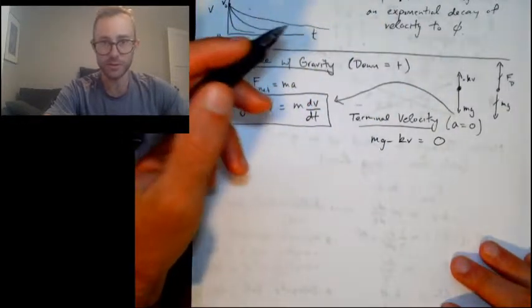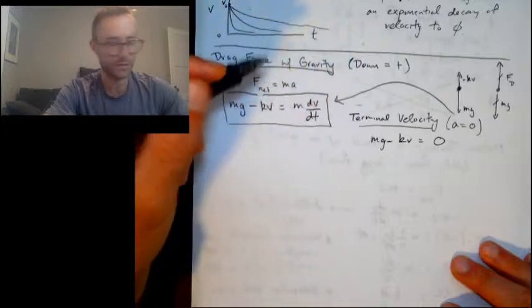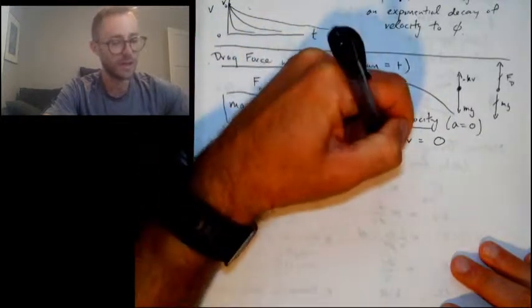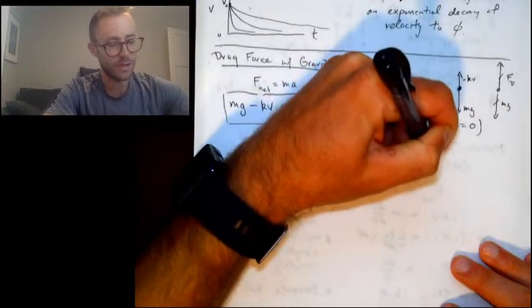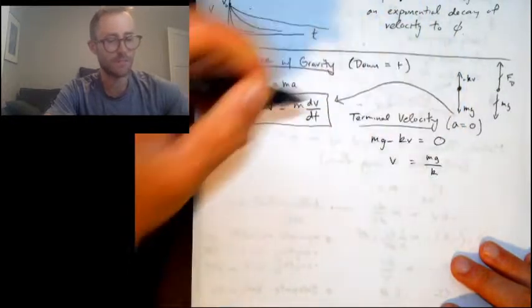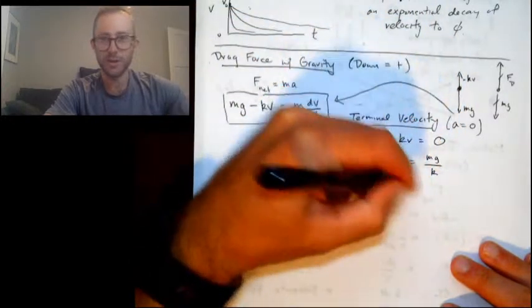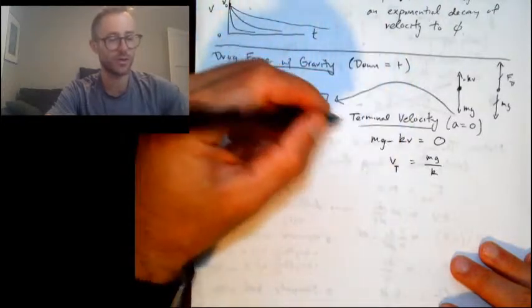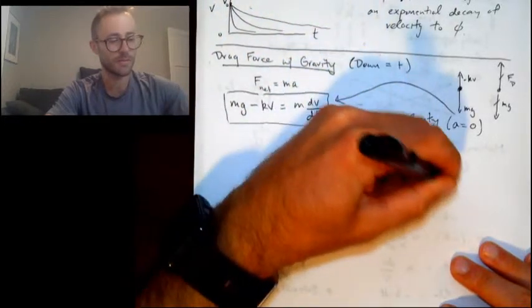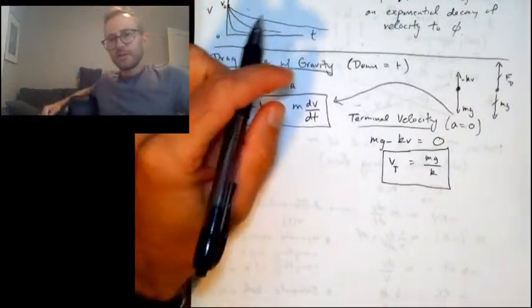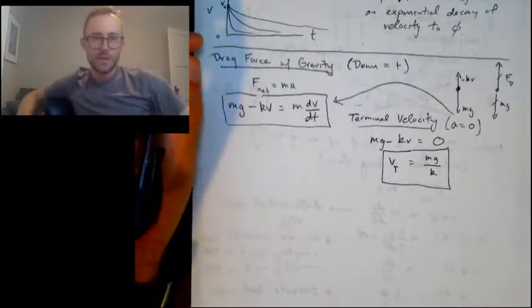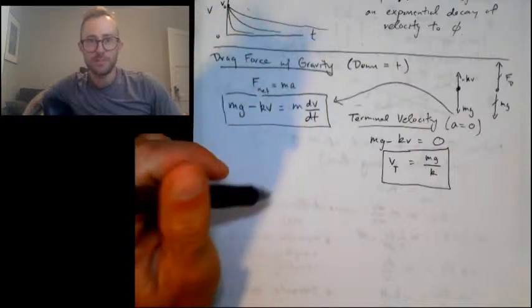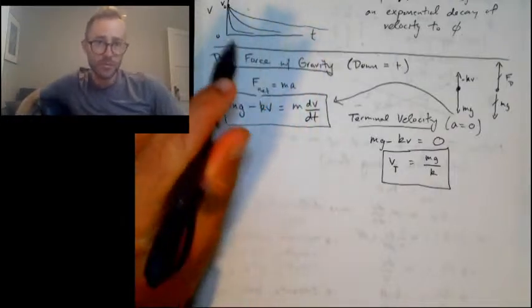It's not a differential equation anymore. So we add kv to the other side, and we divide both sides by k, and we get v equals mg over k. So I will call this combination, mg over k, v sub t for the terminal velocity. Okay? So we can see that after a long time, this is the speed that the object will have.